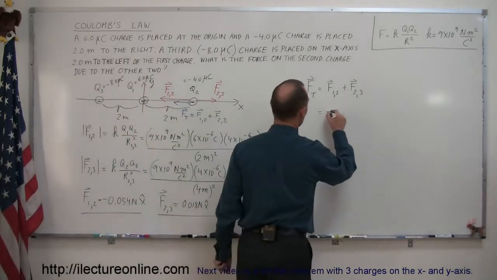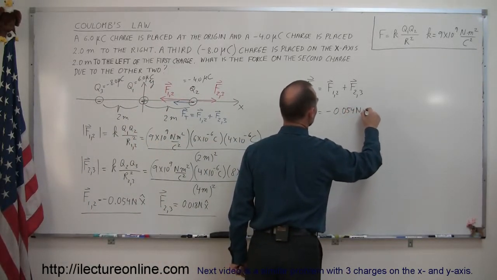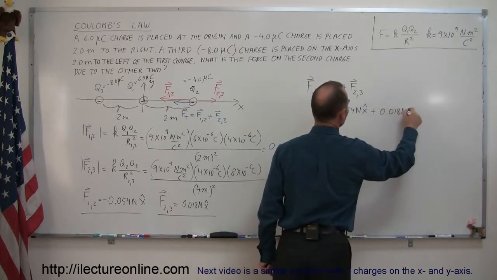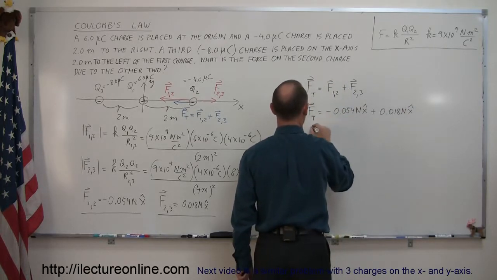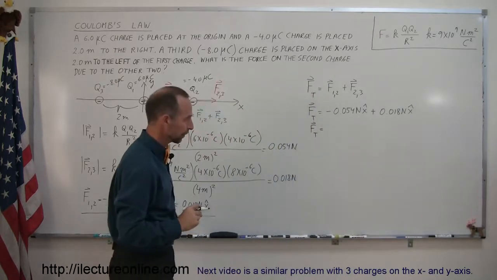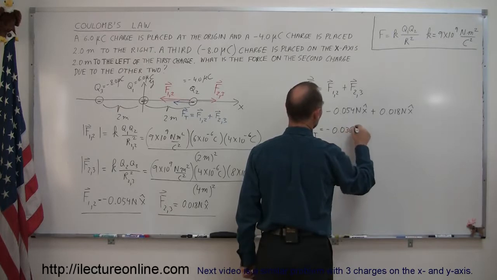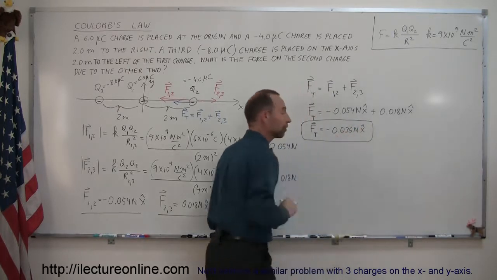So this becomes minus 0.054 newtons in the x direction plus 0.018 newtons in the x direction. And so the total is going to be equal to, add those two together, minus 0.036 newtons in the x direction. And here's our answer in vector format.